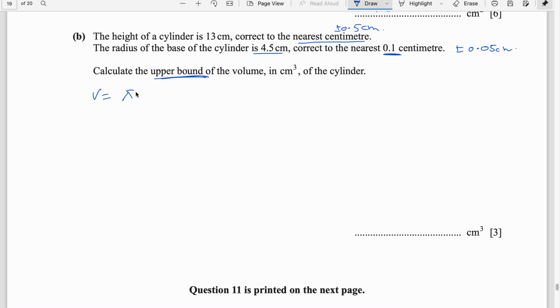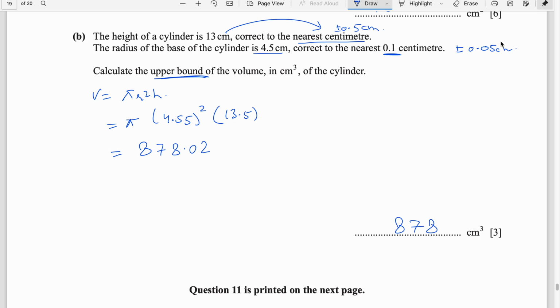Volume is equal to pi r square h. So this is pi and radius is 4.5, so upper bound is 4.5 plus 0.05 makes it 4.55 squared, and upper bound of height would be 13.5. Use your calculator and we get this, 878.